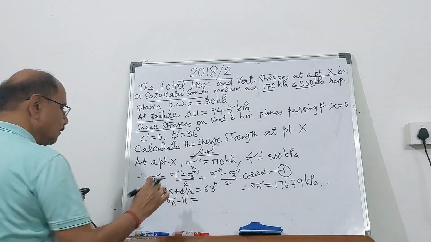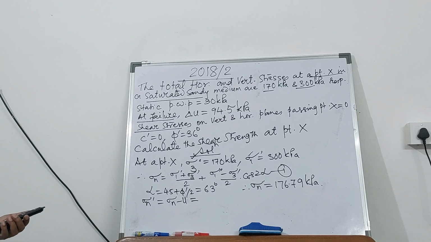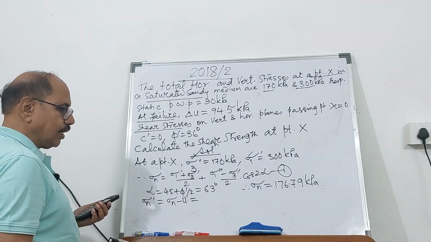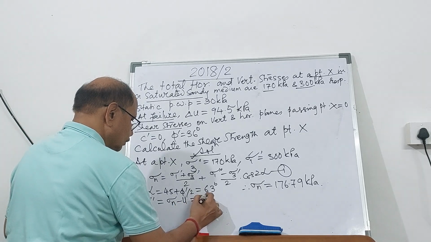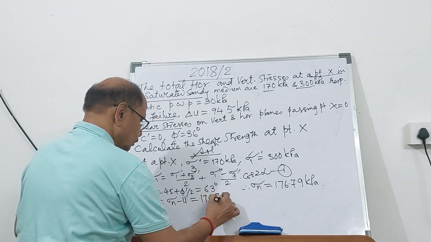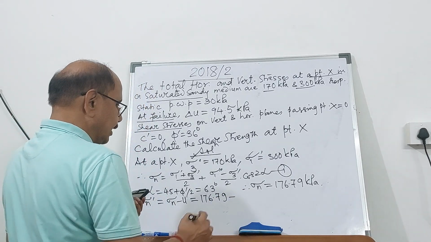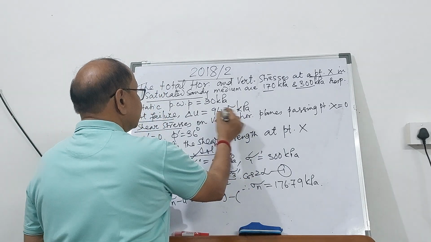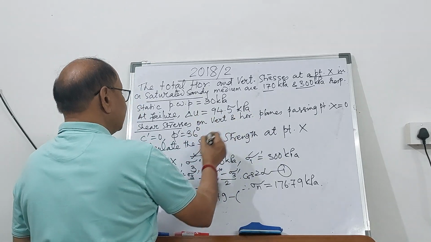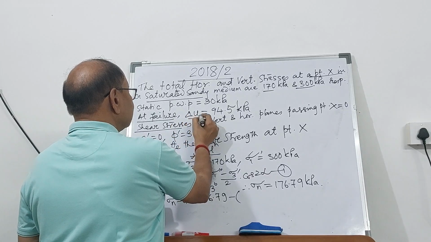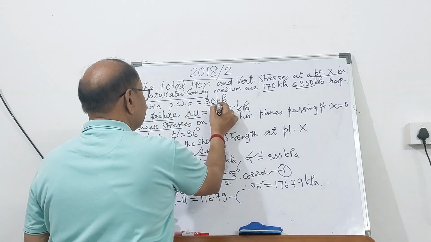Sigma n is already known to us as 176.79, and the pore water pressure is the static one, plus the one at failure.